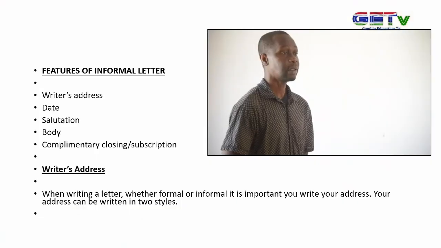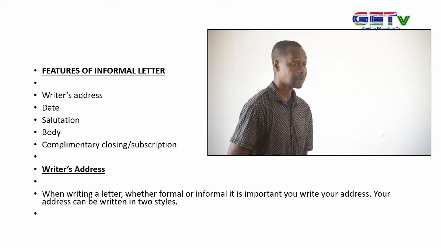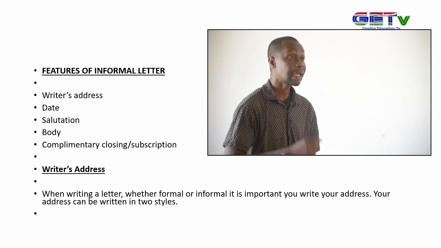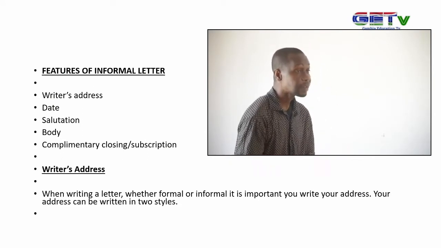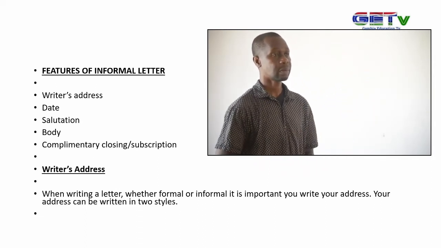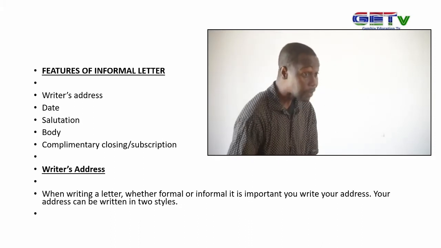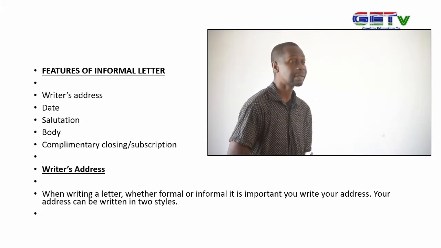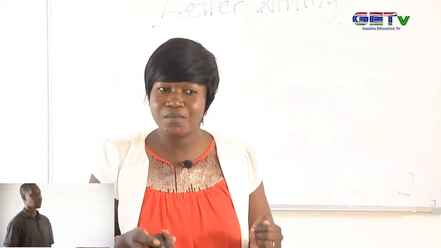We now look at the features of informal letters in detail. Just to remind you: writer's address, date, salutation, body, subscription. We are now going to look at these features in detail. It says when writing a letter, whether formal or informal, it is important you write your address.